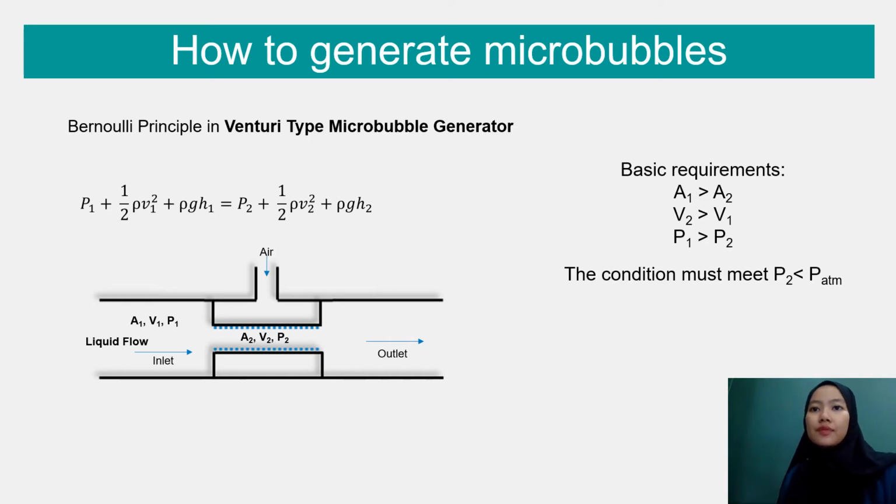So similarly, okay, the air flow rate and also the liquid flow rate are adjusted simultaneously through the venturi to generate microbubbles. Okay, and this concept is actually obeying the Bernoulli principle, where the pressure decreases as passing through the venturi. So some of the basic requirement that we should meet is that the P2 must be much lower compared to the P atmosphere. Alright, so now moving on to the next slide.